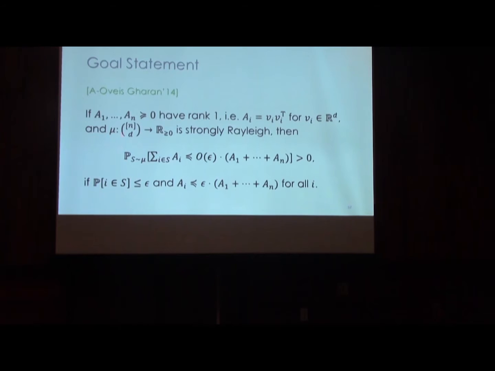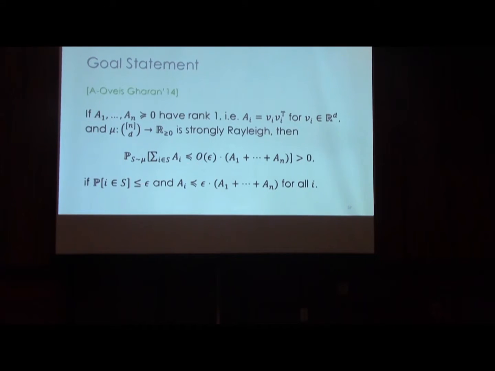Now let's say that you have a strongly Rayleigh measure on 1 through n, supported on sets of size d, where d is the dimension where these vectors are living. So this is somewhat selecting a basis out of these vectors, or at least a set which has the necessary size for being a basis.